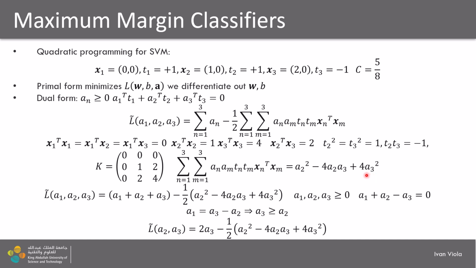Well, simply if m is 1 or n is 1, we will have 0 here. So m is either 2 or 3, n is either 2 or 3.